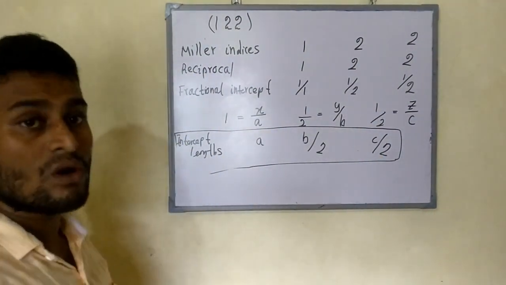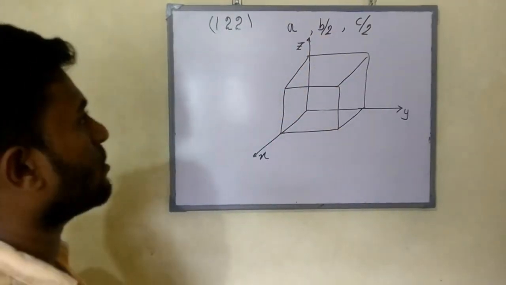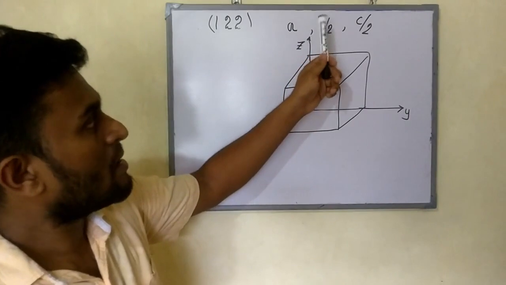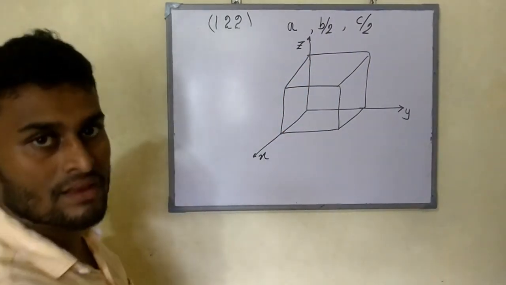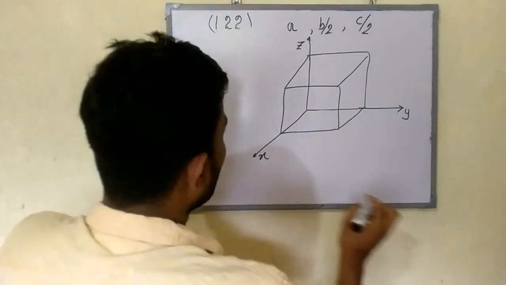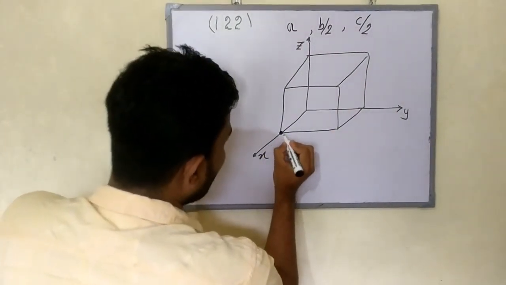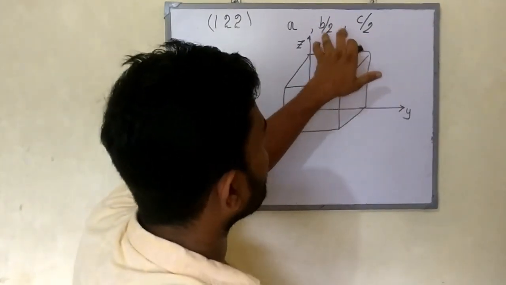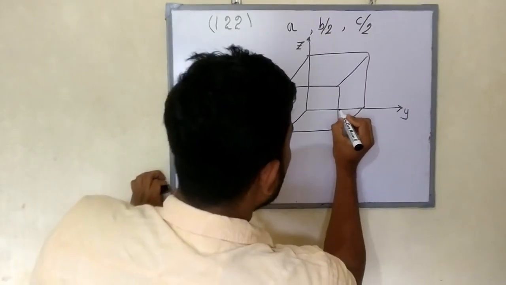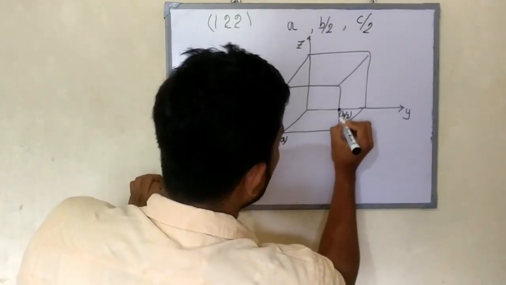Now we want to draw this particular plane. We already found a, b over 2 and c over 2 as the intercepts. Now we want to draw it here. So on the x-axis it is a and on the y-axis it is b over 2. That means this length is b over 2.